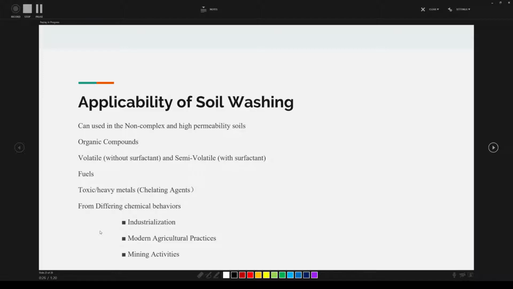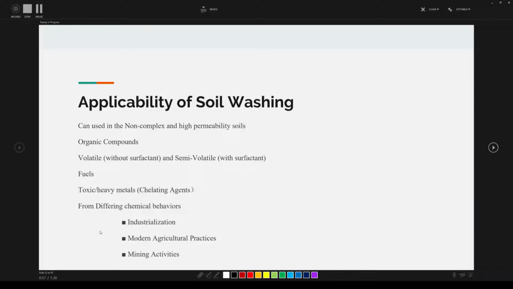It is also used for fuels like gasoline or diesel, and for toxics or heavy metals, with a chelating agent, mostly for non-degradable toxics because they cannot be removed by the common ways.